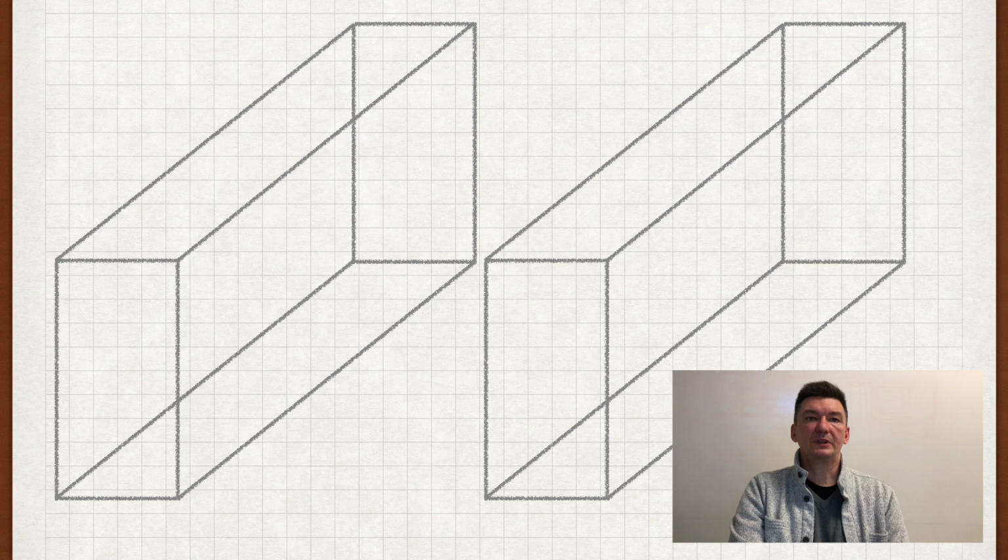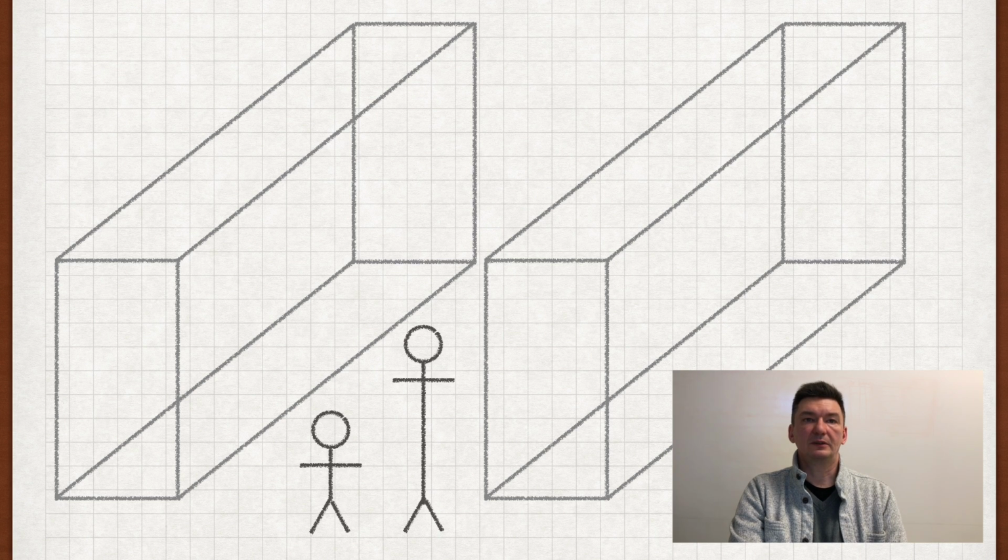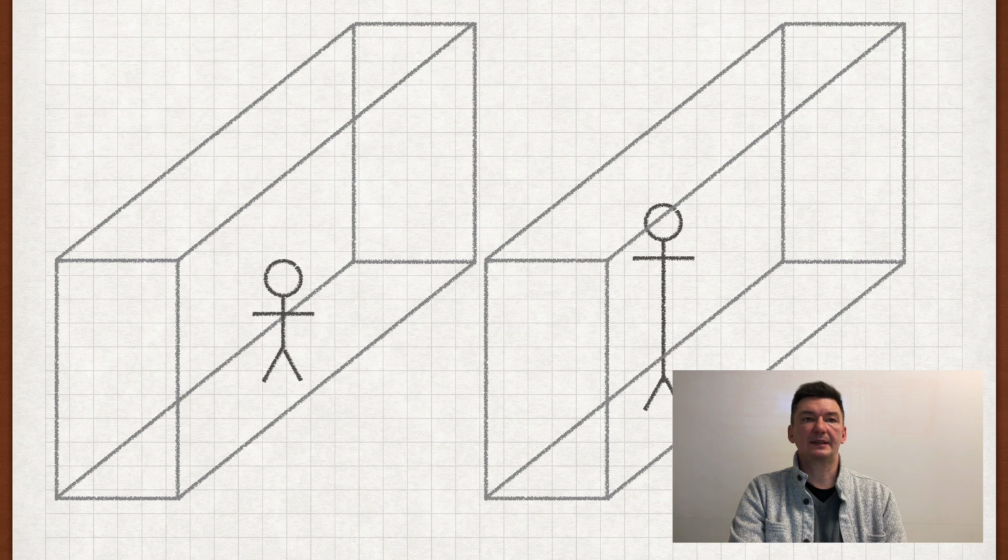Here we have 2 rooms of the same size and 2 painters. One is taller than the other one. How should they paint these rooms? There are 3 ways to go about it. The first approach is the shorter painter paints the bottom half of the left room, and the taller painter paints the higher half of the right room.